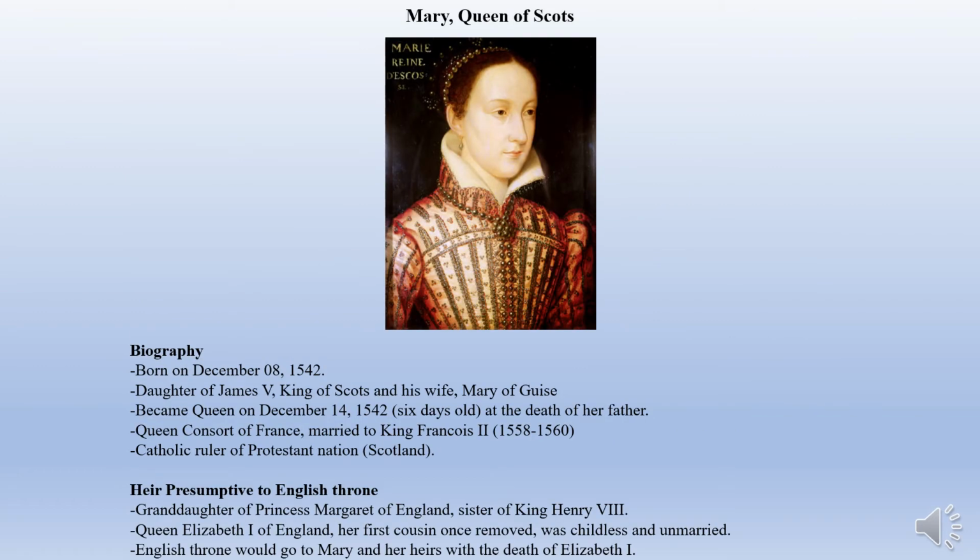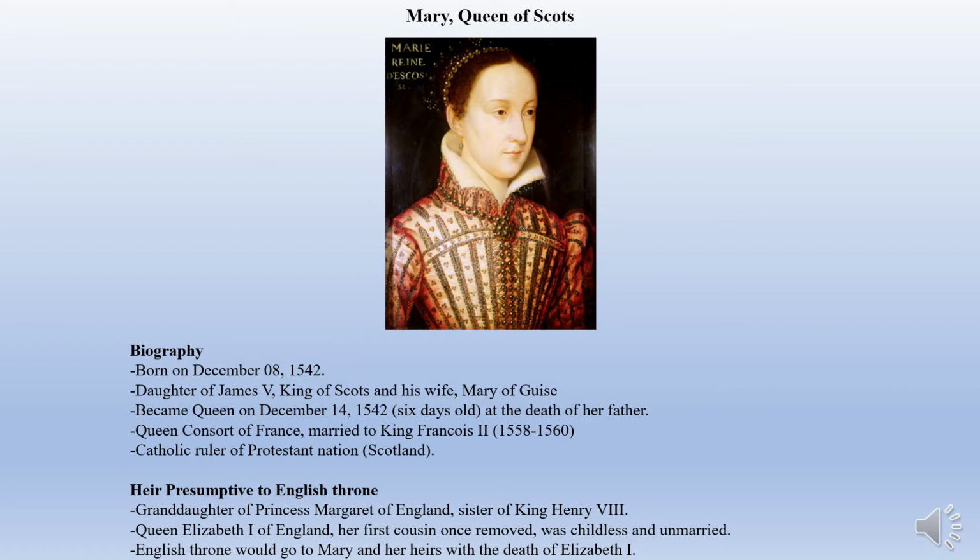Well, now that we know what the religious situation was under Queen Elizabeth I, now we have to start thinking about who is her heir. Well, at this time, the heir to the throne is actually the Queen of Scots, Mary. Mary was actually a member of the Tudor family.